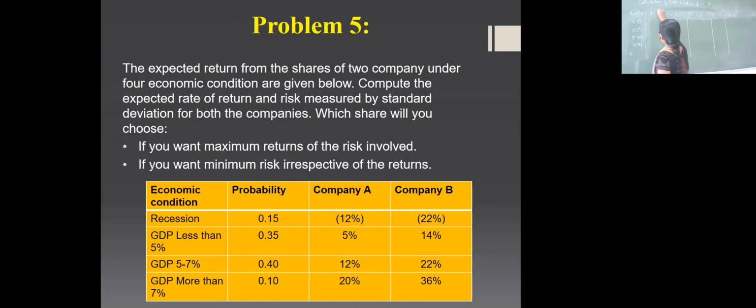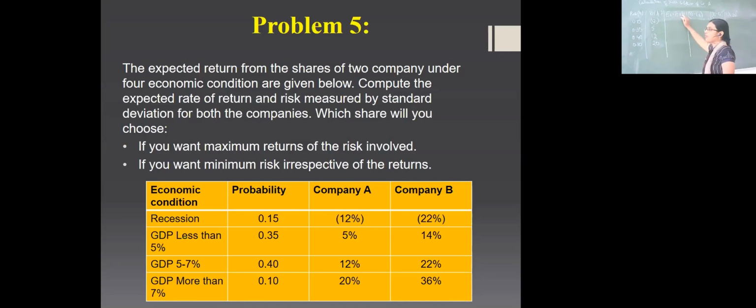Return of company A. Return is expressed as RI. So 12%, minus or plus? Minus, so minus 12. Then 5%, then 12, then 20. Calculate ER. How do you calculate expected return? Again, I'm repeating, students.